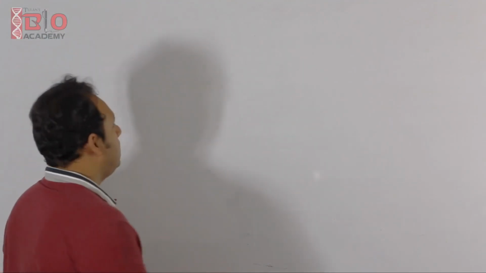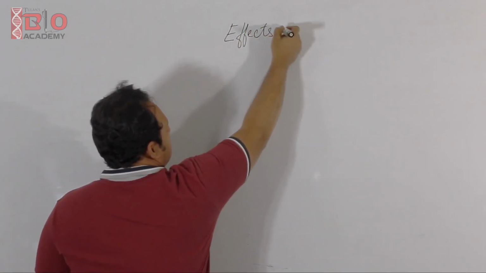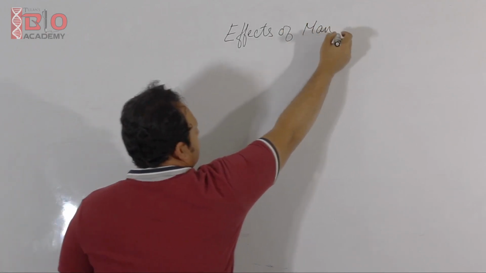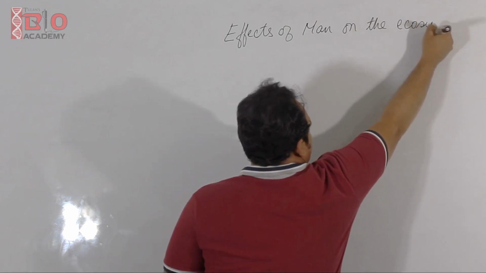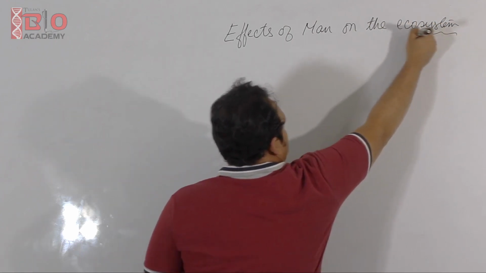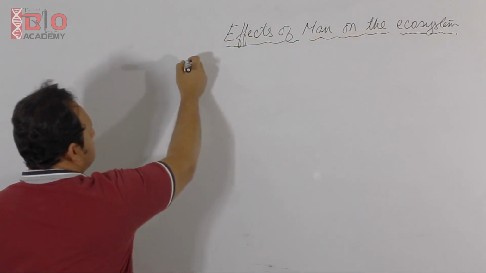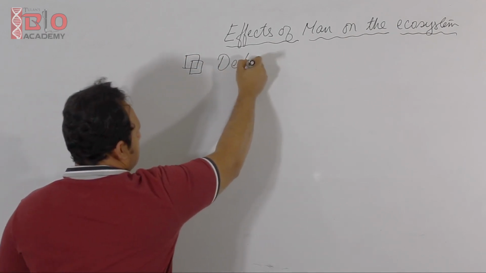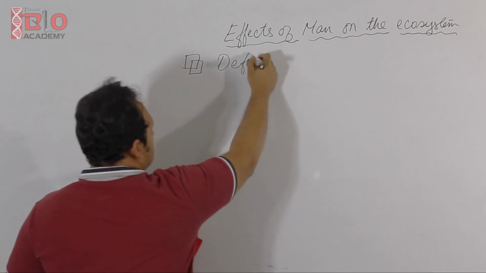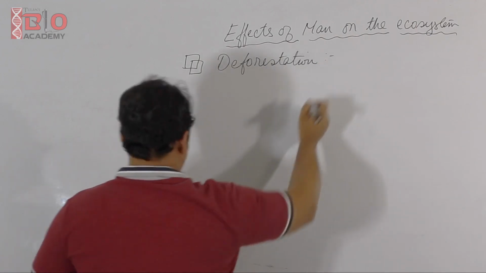So we start with the heading, effects of man on the ecosystem, and we start with deforestation.